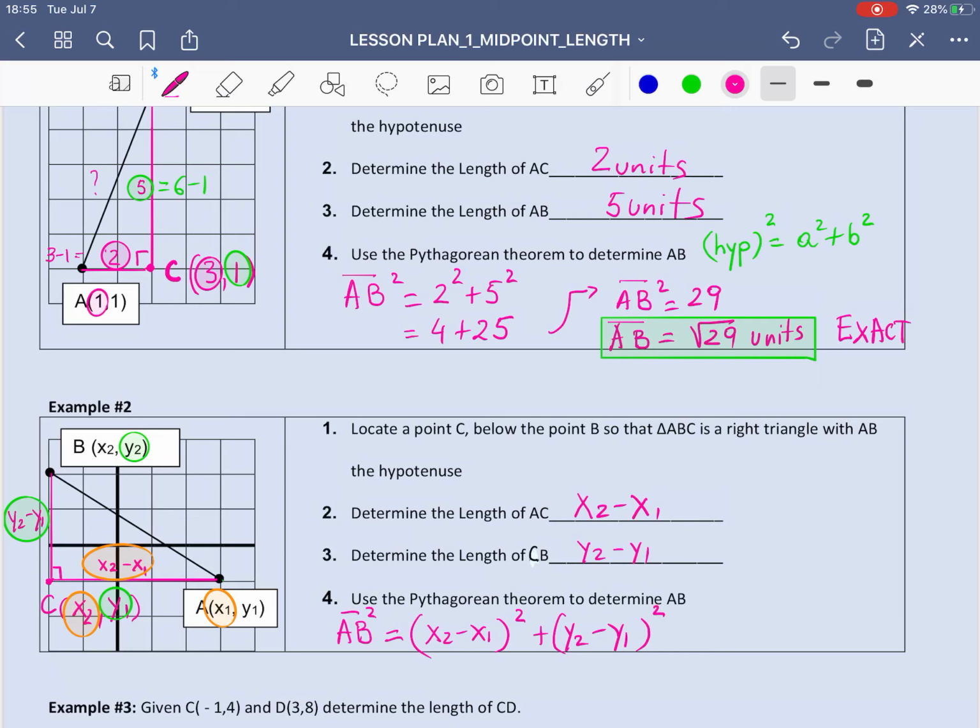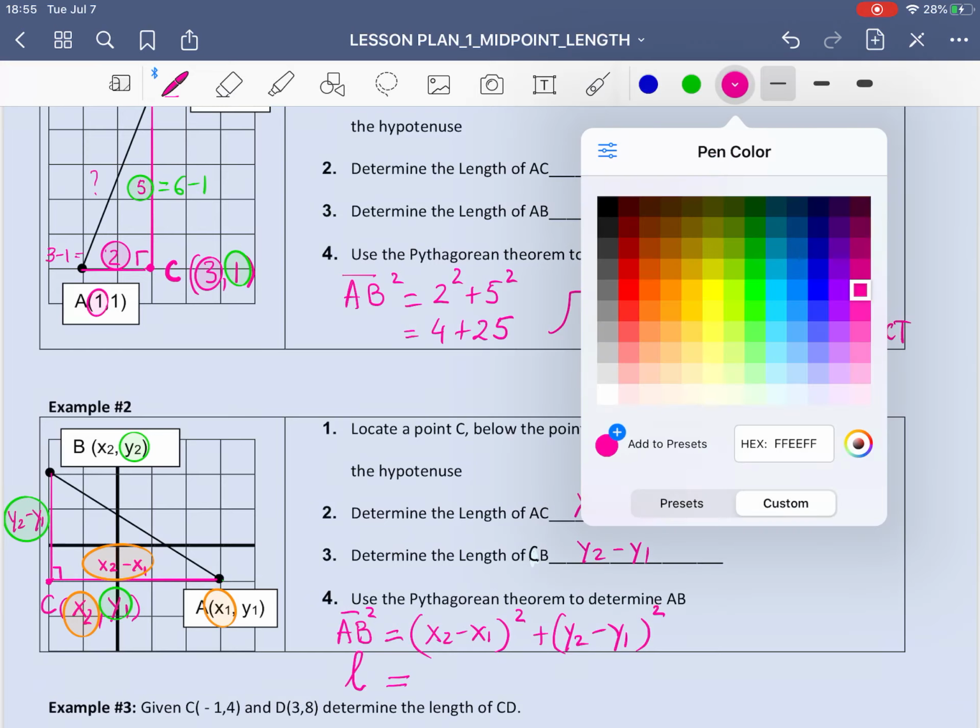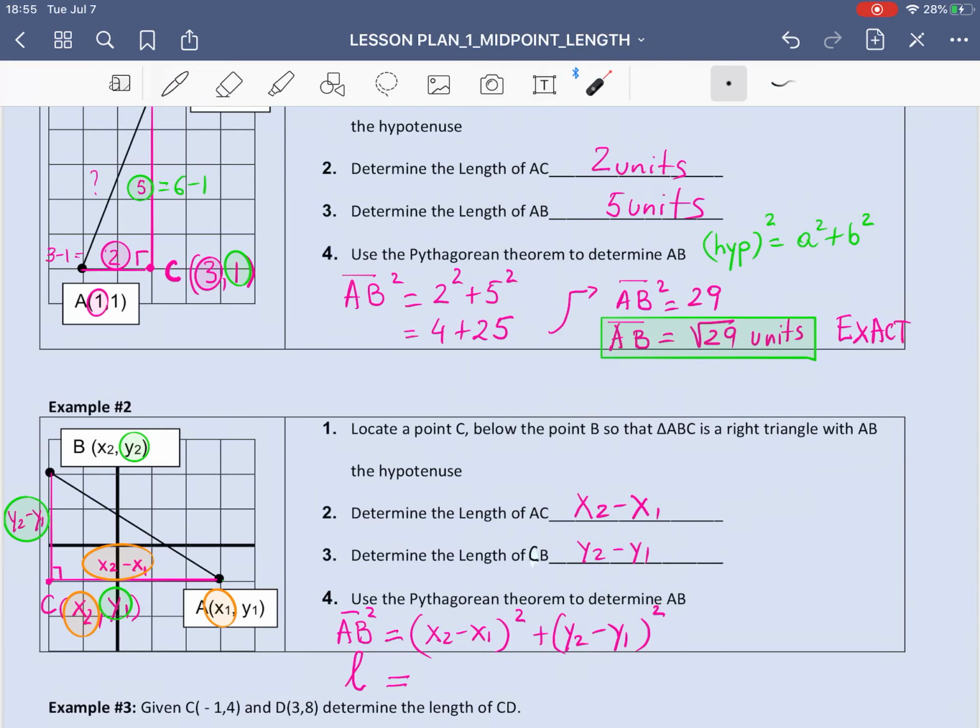And this is a change in the x coordinates, and this is a change in the y coordinates. And we're going to say that the length of AB, which we normally indicate by lowercase l, is equal to delta x, this one here would be delta x.